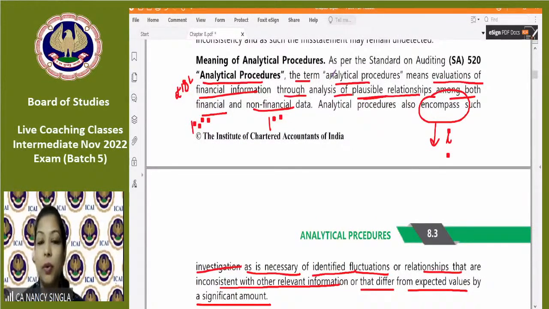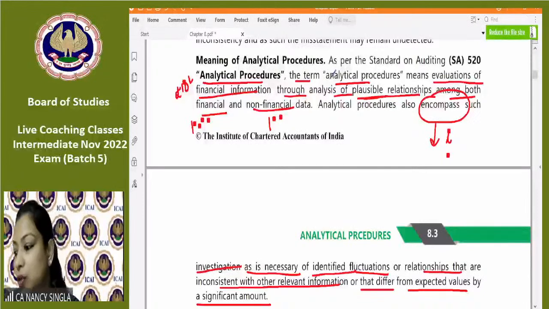See, each and every word has some meaning here. As is necessary. So depending upon the situation, depending upon the professional judgment, depending upon various factors of identified fluctuations or relationships that are inconsistent with other relevant information or that differ from expected values by a significant amount. So this is what analytical procedure is.